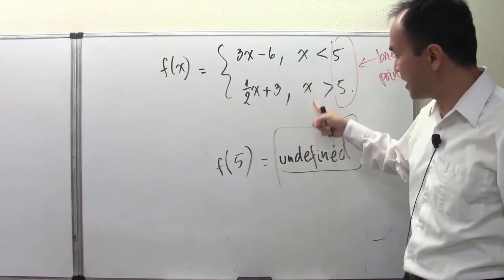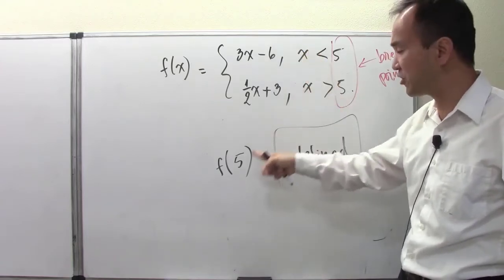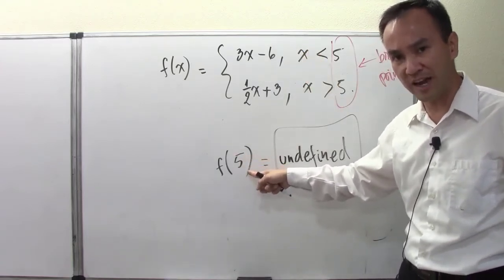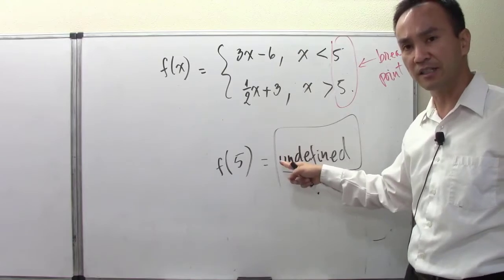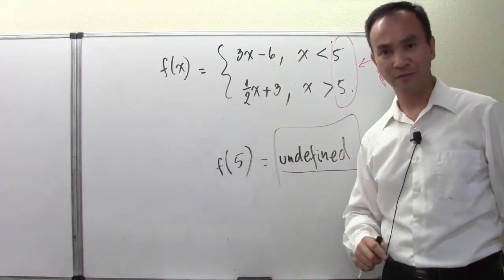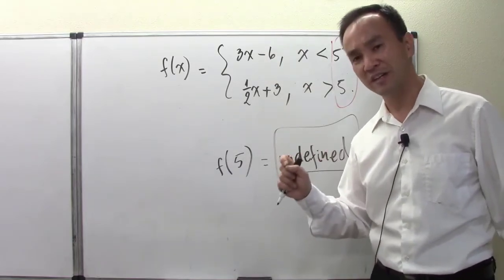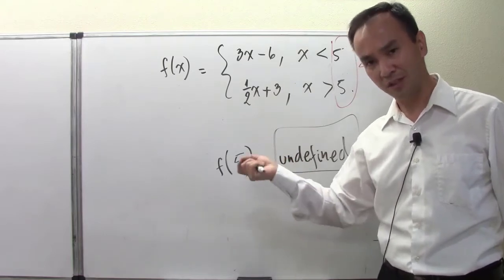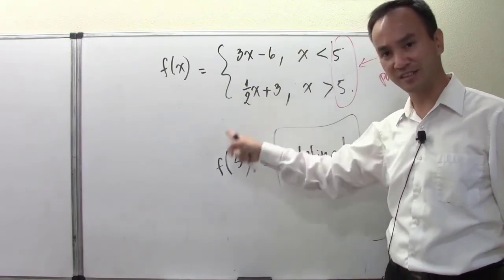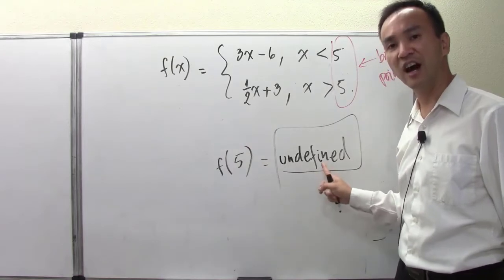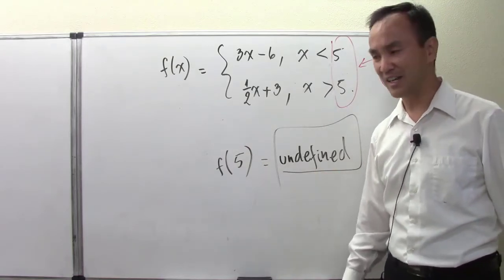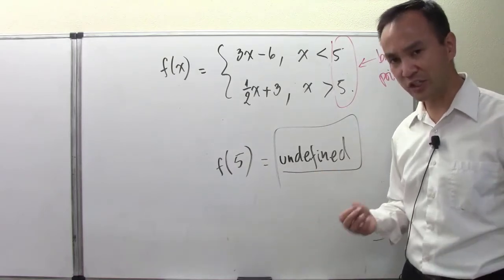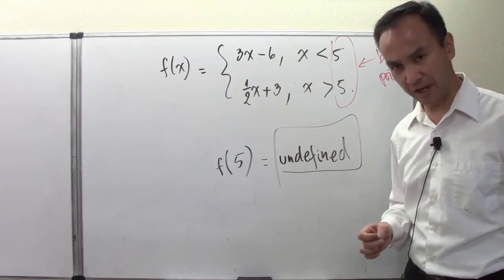If we have no specific indication for what to do with an input like that, then we have to say it's undefined, because there's no instruction from the function of what to do when x equals 5. That's why it's formally stated as undefined. Those are some extra clarifications that I would like to make.